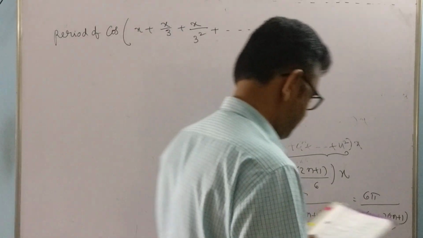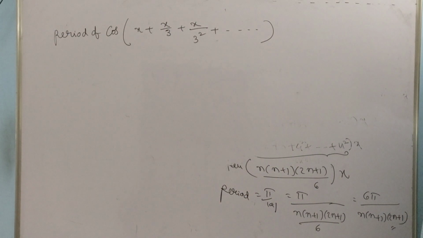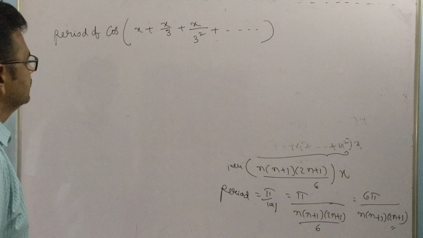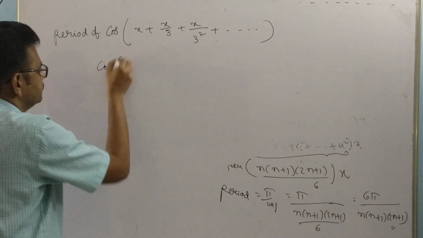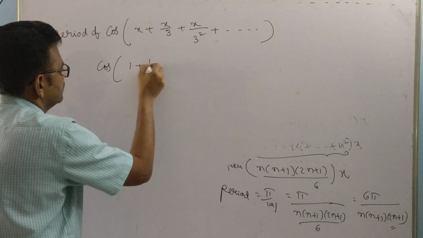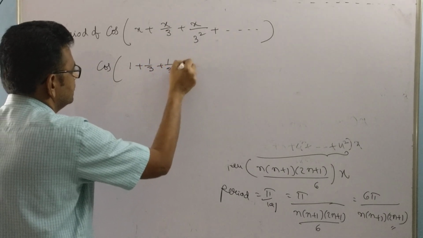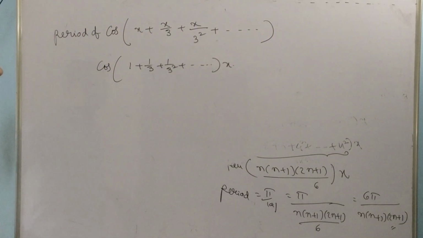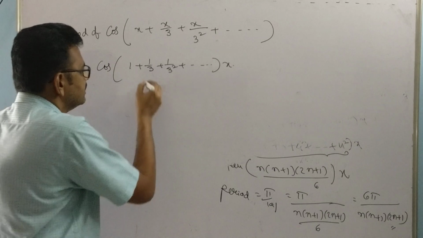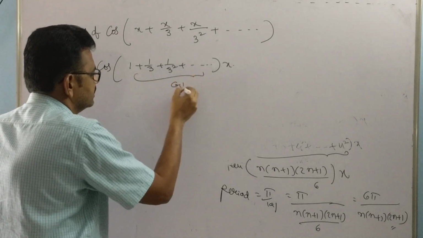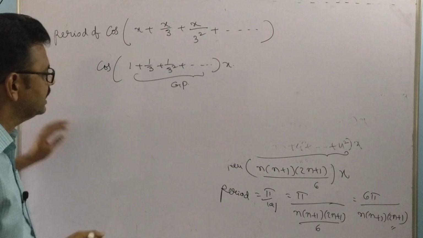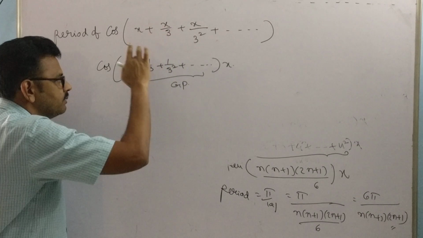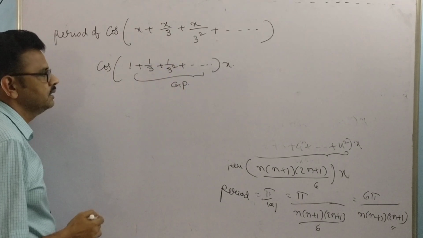If you take x common, this is cos of (1 plus 1 by 3 plus 1 by 3 square and so on up to infinity) x. By observing, these are in GP, geometric progression, because the common ratio is 1 by 3 by 1, 1 by 3 square by 1 by 3, which is 1 by 3. So they are in GP.